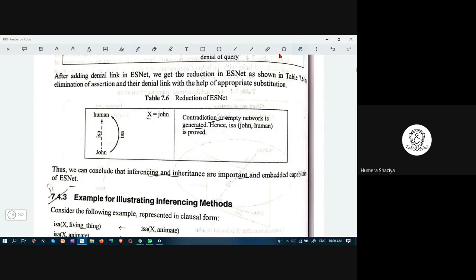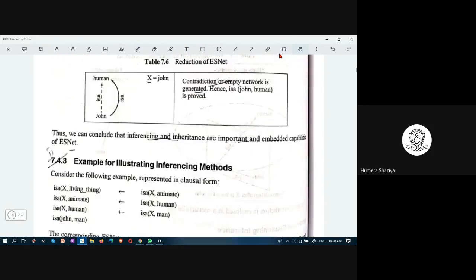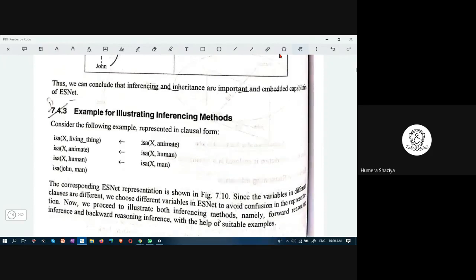Example for illustrating inference methods. Consider the following example represented in clausal form. This is a clausal form. X is a living thing implied by X is animate. X is animate implied by X is a human. X is a human is implied by X is a man.